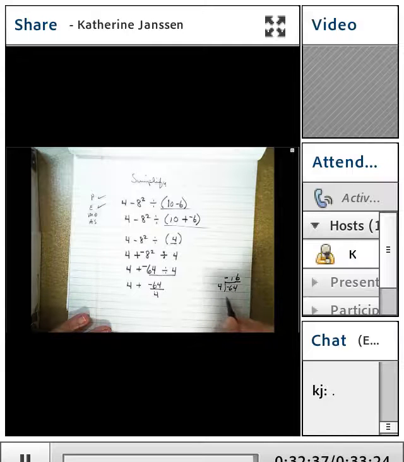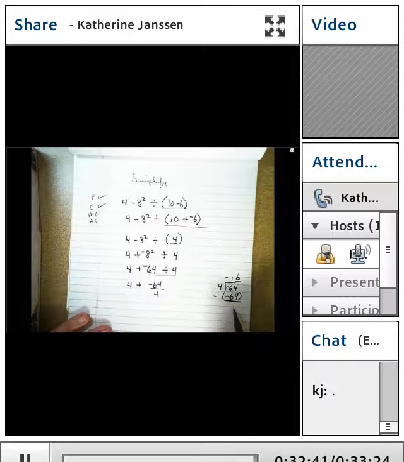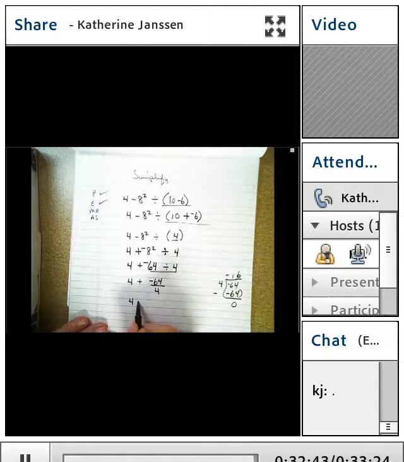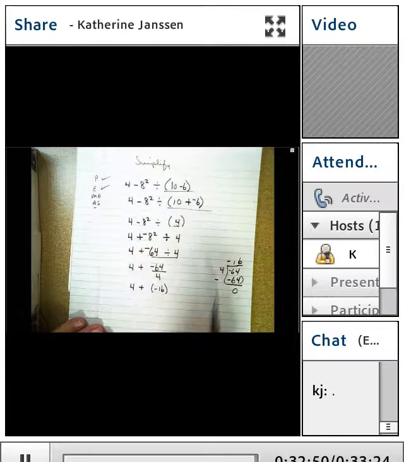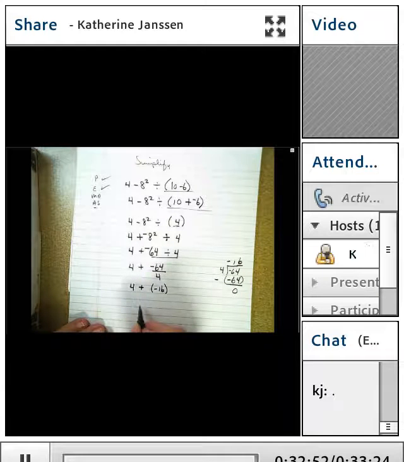And then I subtract to get a remainder of 0. So I have 4 plus a negative 16. Now I'm down to adding. Subtract the smaller absolute value from the larger absolute value. We'll get 12 and keep the sign of the larger absolute value, so negative 12.